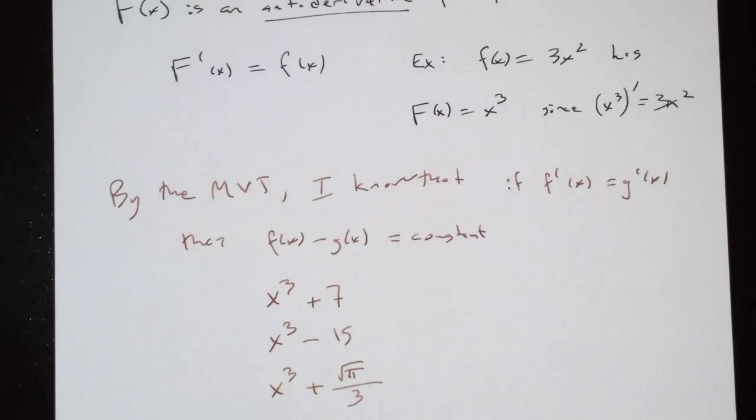Every single antiderivative of 3x squared is going to look like x cubed, except there might be a number on the end. Because if you take the derivative of 7, what's the derivative of 7? 0. The derivative of 15, derivative of square root of pi over 3, they're all 0.